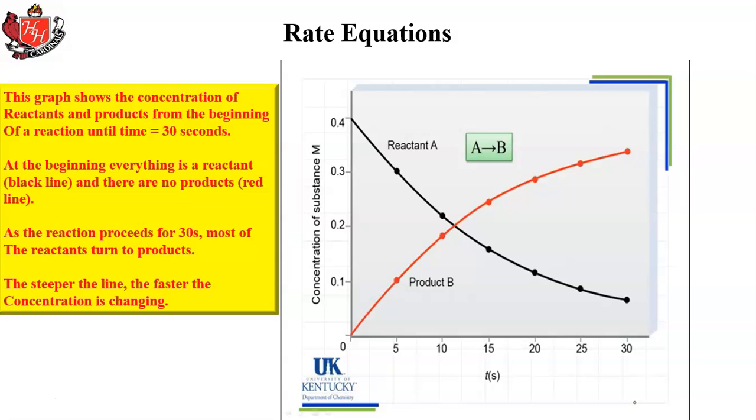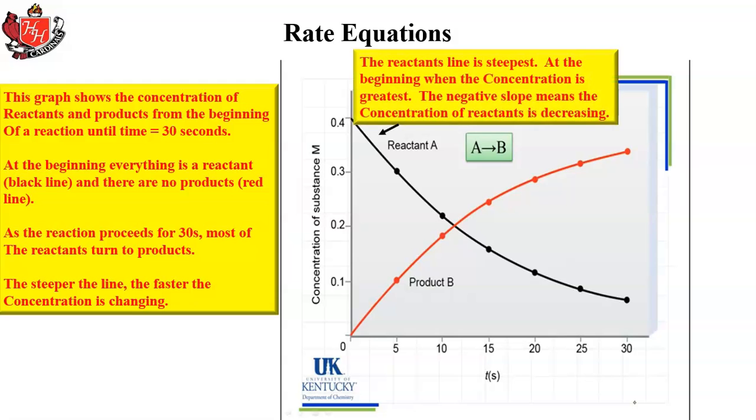But one thing you should definitely recognize on a rate graph like this is that the steeper the line is, whether it's in the positive or negative direction, the faster the reaction is taking place. The flatter the line is, the slower the reaction is taking place. So the reactants line is the steepest at the beginning when the concentration is greatest.